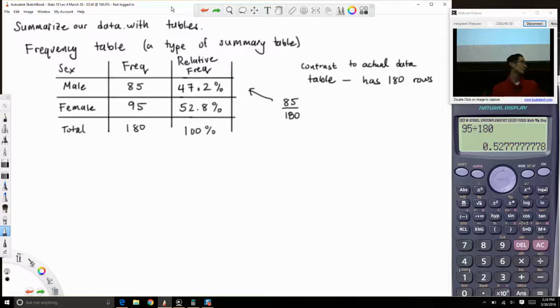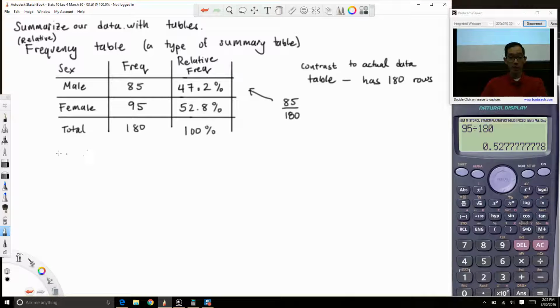But we can also figure that out if everything adds up to 100, and this assumes that everyone identifies as either male or female. But if that's what we have, then this is what we've got. Okay, so that's a frequency table, or a relative frequency table if you're dealing with relative frequencies.